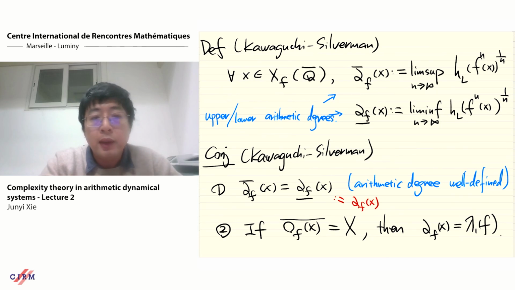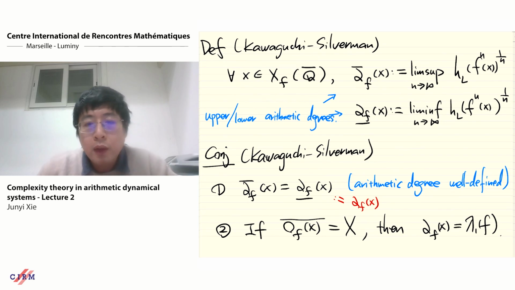For every point x in this X_f(Q bar), so it is a Q bar point whose orbit is well defined, they define the upper arithmetic degree to be the limsup of the height h_L(f^n(x)) to the power 1 over n, and the lower arithmetic degree to be the liminf of h_L(f^n(x)) to the power 1 over n.